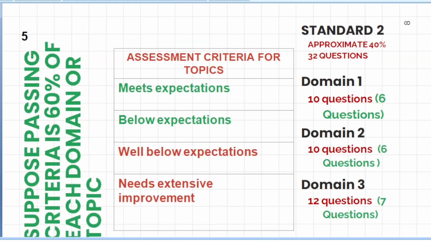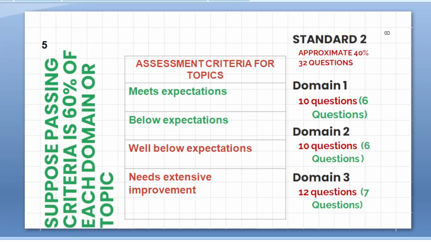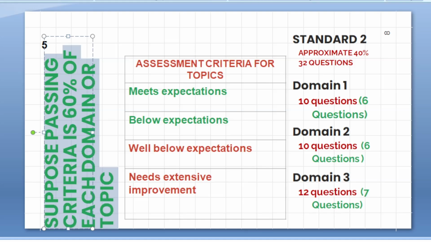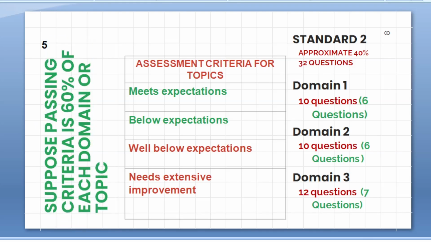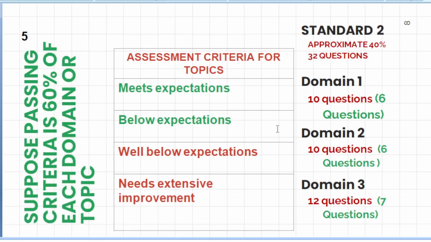Now, how exactly does number 5, your test score, work? Let me reduce the font size. Wonderful. Let's see now. Standard 2, domain 1, 10 questions.